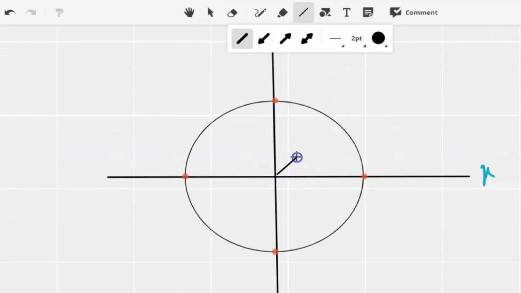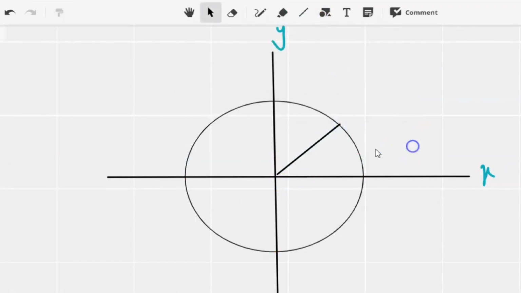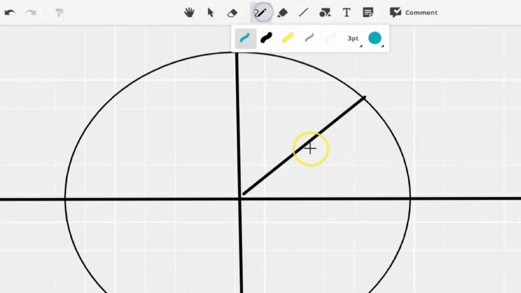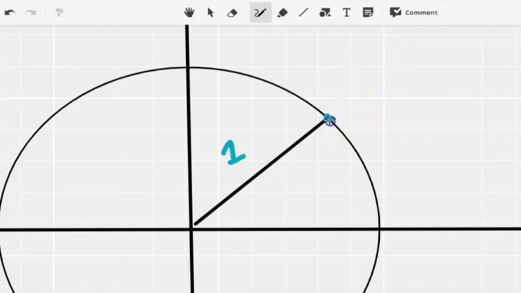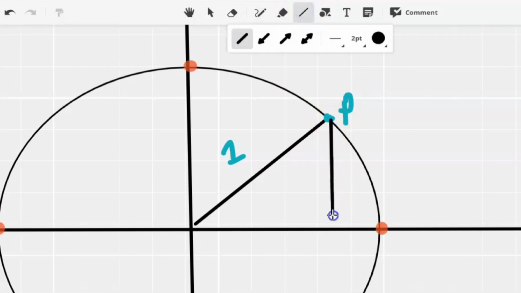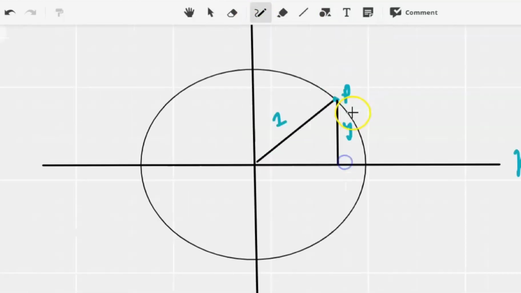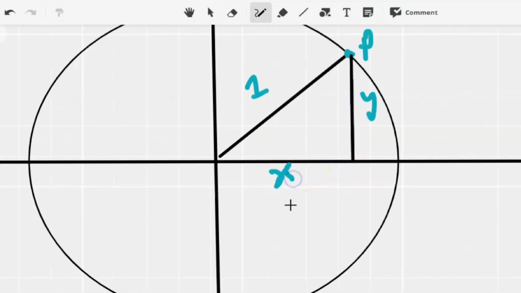This is a radius, and I already told you the radius of a unit circle is 1, so that's going to be 1. This is a point P. Let's join the lines over here. This one is your y and this one is your x.